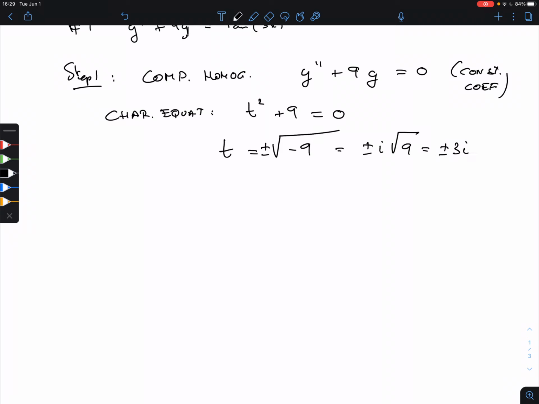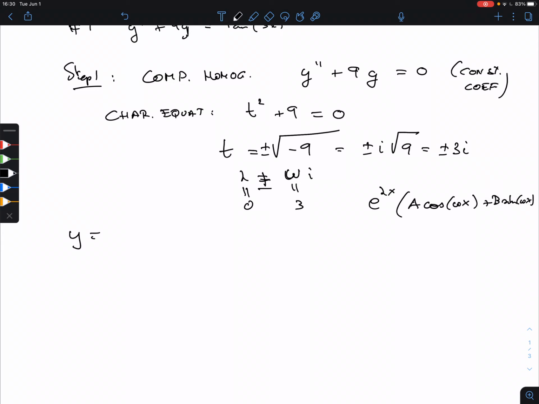which of course is plus or minus i times the square root of 9, which is plus or minus 3i. So what does that mean? Remember, we write our solutions with a lambda and an omega. So here lambda would be 0 and omega would be 3. The general solution looks like e to the lambda x times a cosine omega x plus b sine omega x.